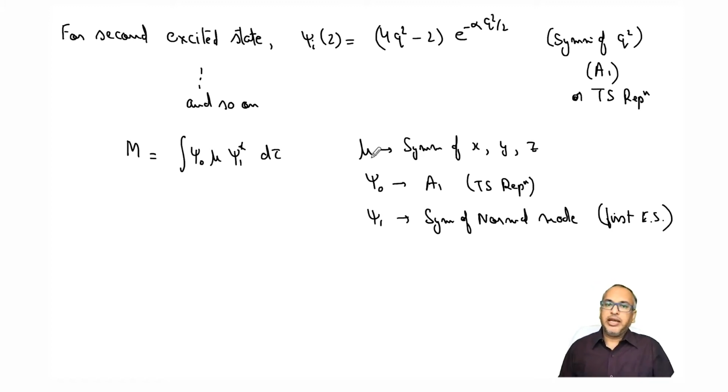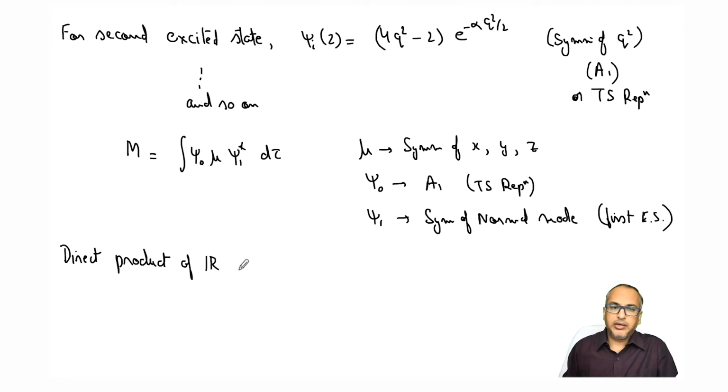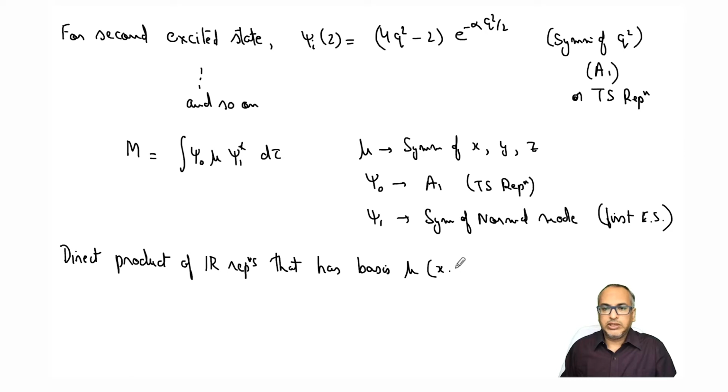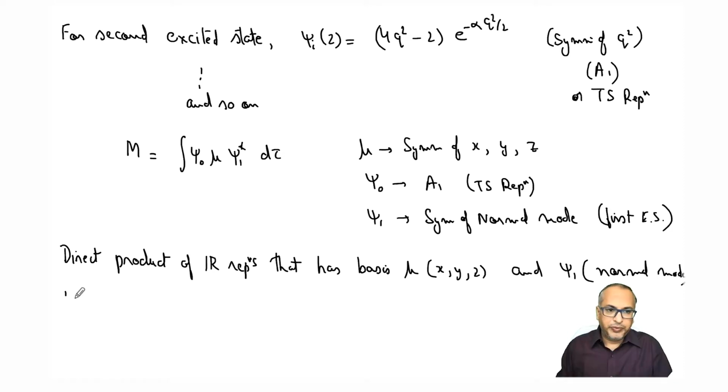Now these should contain the totally symmetric representation. The direct product of the irreducible representations that have as basis mu, which is x, y, and z, and psi 1, which is the normal mode, will contain the totally symmetric representation.